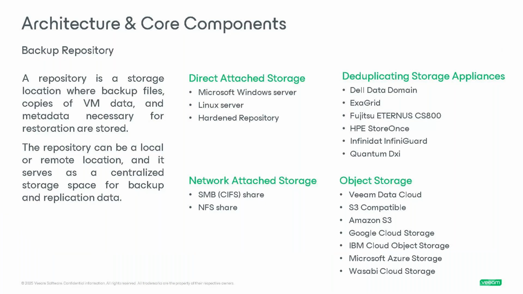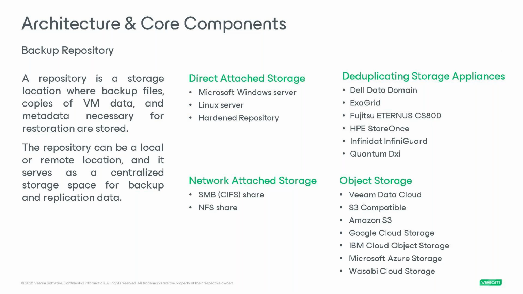So these are the different types of backup repositories that you can send Veeam backups to: direct attached storage, whether it's literally direct attached or iSCSI from a SAN, network attached storage, dedupe devices, and object storage or S3.